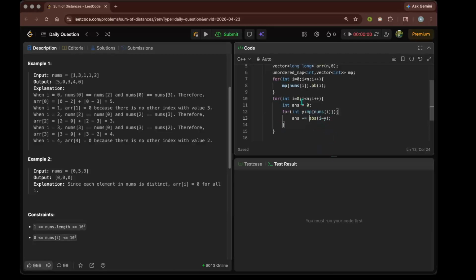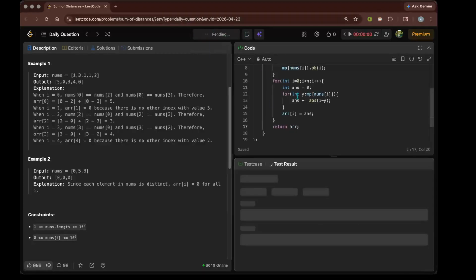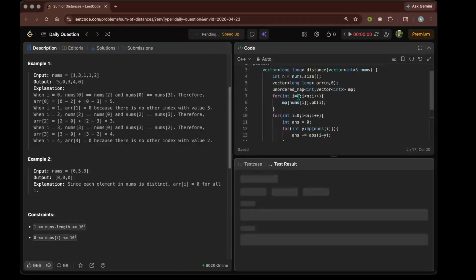We'll add the absolute value of I minus Y, the indexes that we have. And we should push it to, return ARR maybe. Let's see if it works fairly.